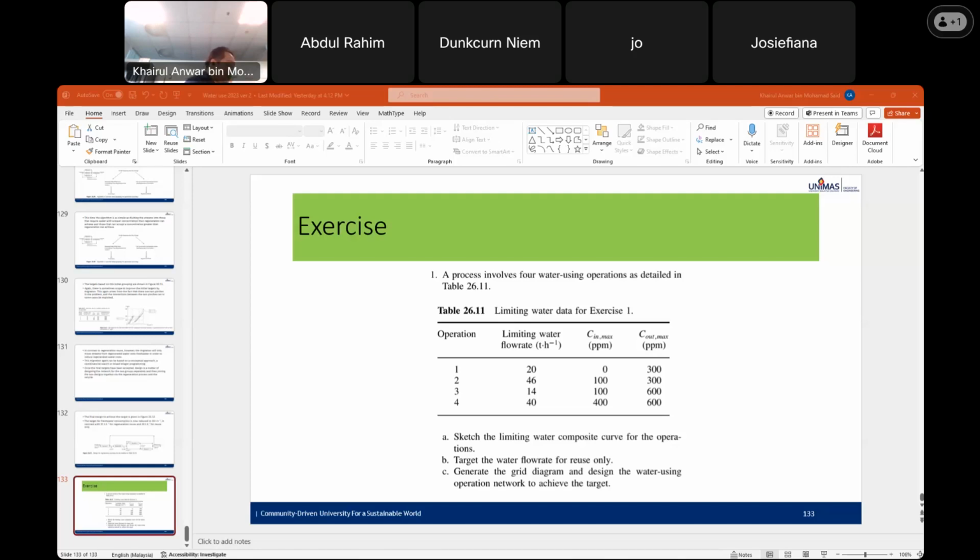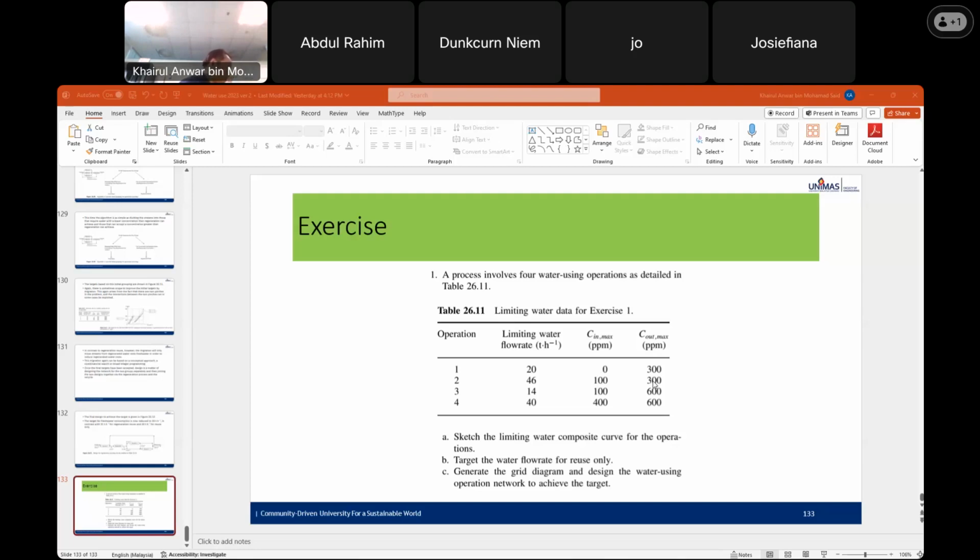So for the mass load concentration, that one is accumulated. Meaning for the second operation, I calculated 9,000. Then 9,200. The last operation is 6,000.